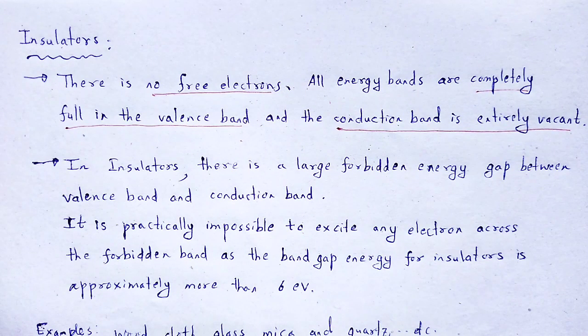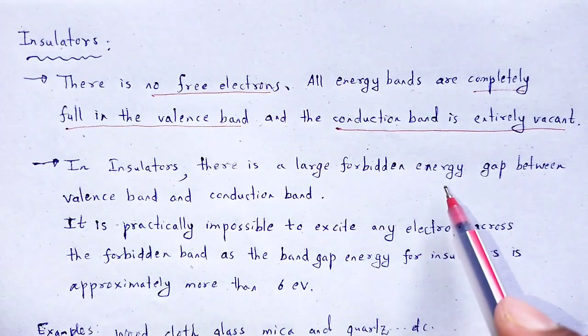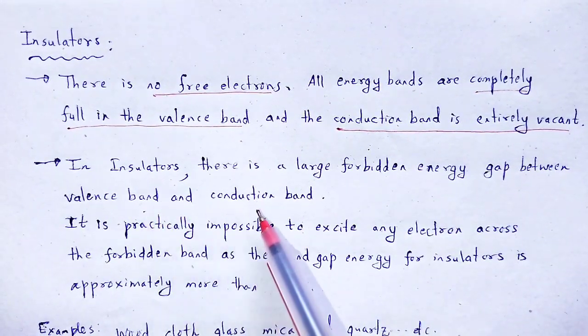In case of an insulator, there is a large forbidden energy gap between the valency band and the conduction band.